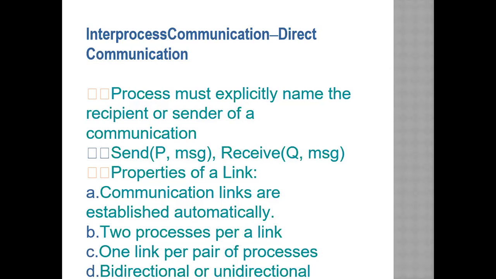Properties of a link: once we want to establish a link between processes, the properties of a link have to be understood. Communication links are established automatically, because it is an automatic operation. Manual establishment is not possible because we are talking about real-time applications where automatic schemes take care of establishing links between the processes.